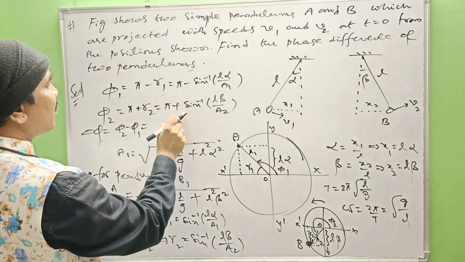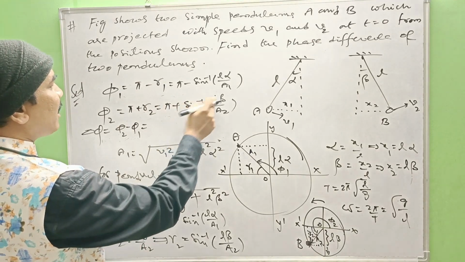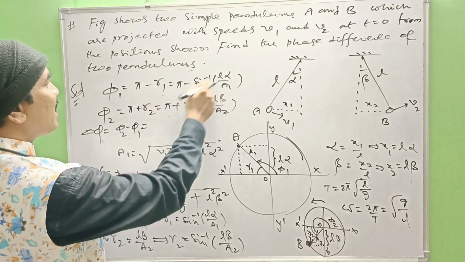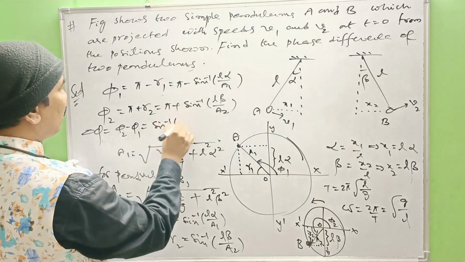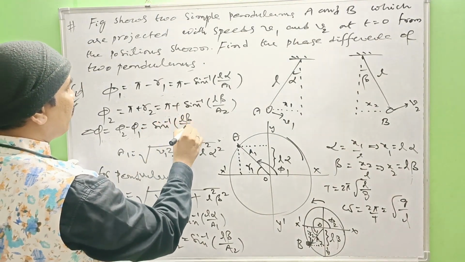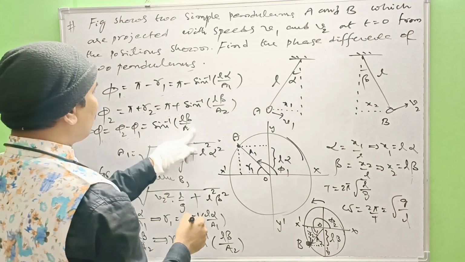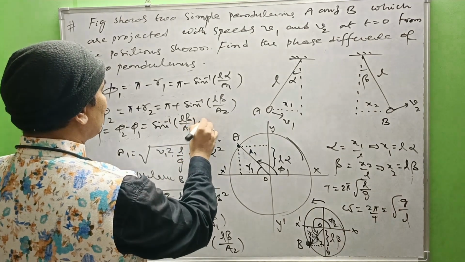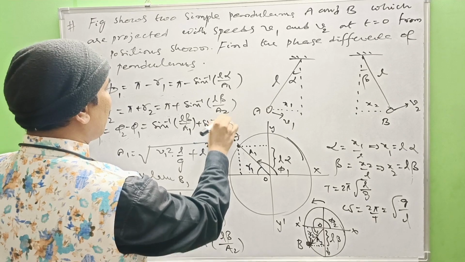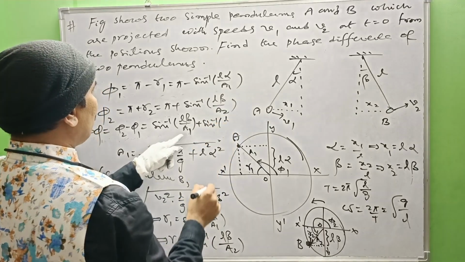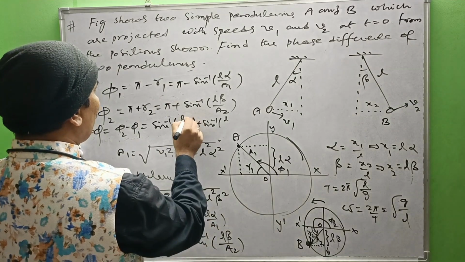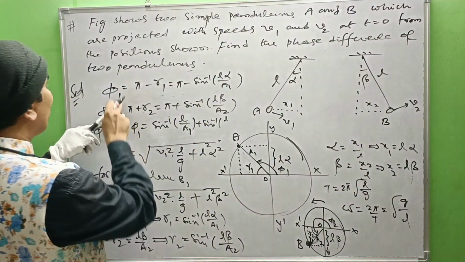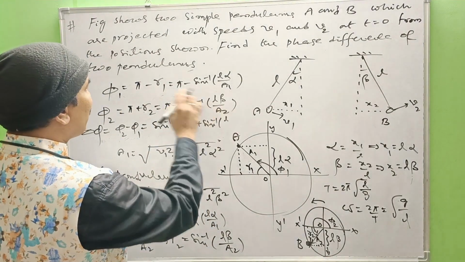So pi cancels. We are left with sin inverse L beta by A2 plus sin inverse L alpha by A1. Phi 2 means here to there, phi 1 means here to there.